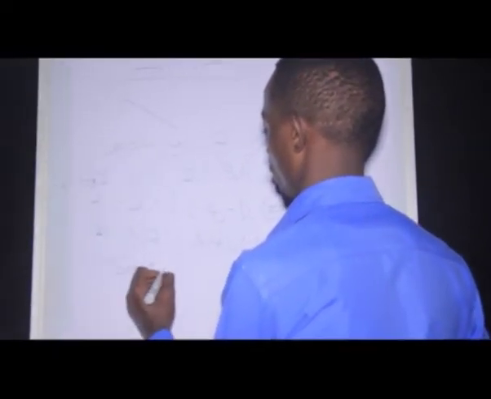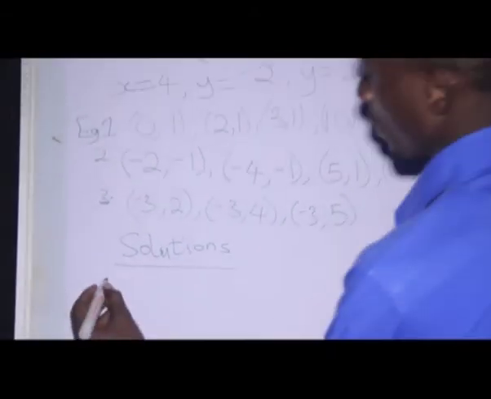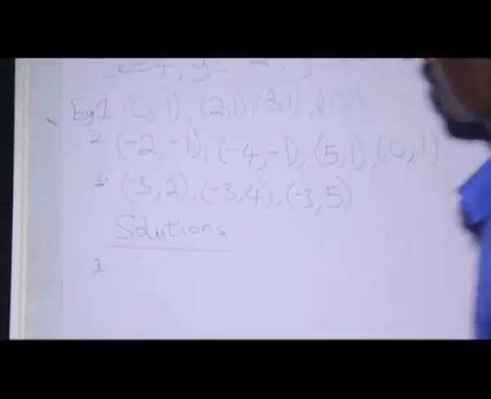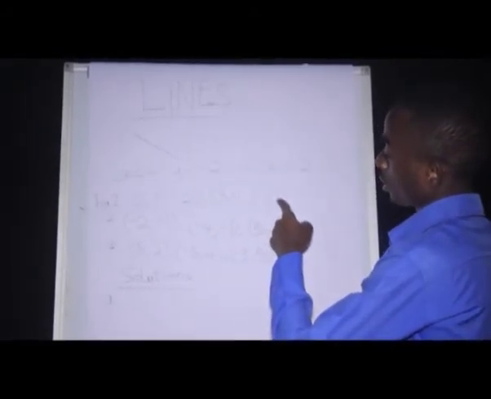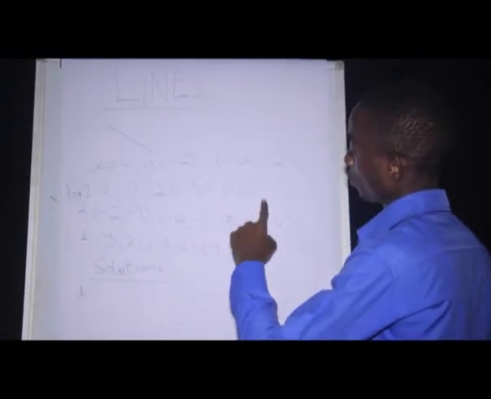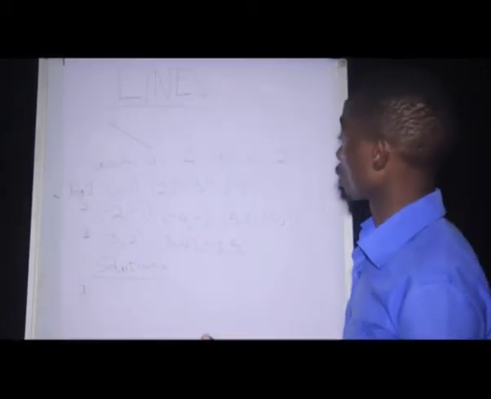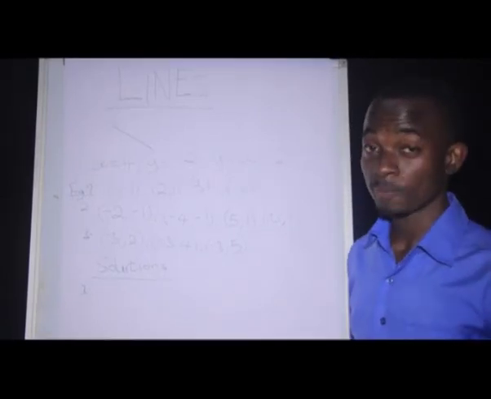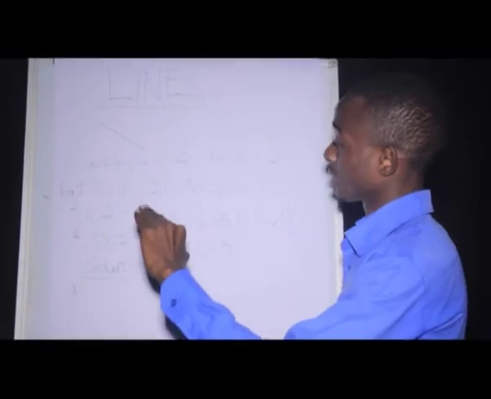We're going to look for the equations of the lines which enable us to fit all these points. These are the solutions. Starting with the first example, you have 0, 1, 2, 1, 3, 1, 10, 1. Remember we talked about coordinates: we have the x-coordinate and the y-coordinate, and the x-coordinate is the one which comes first.